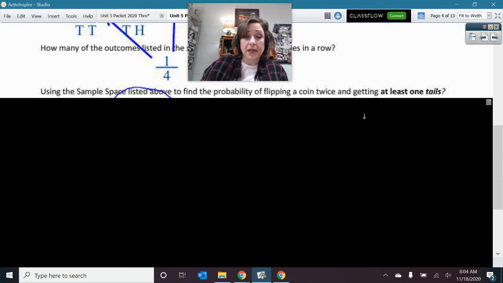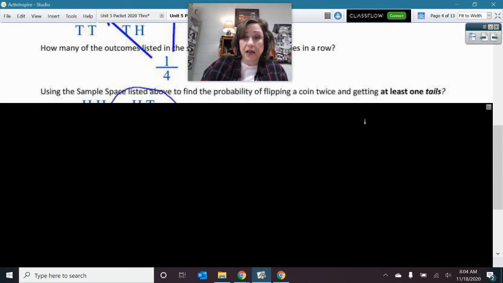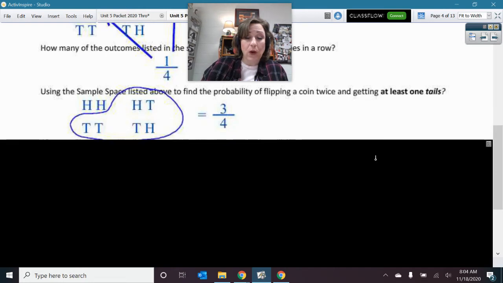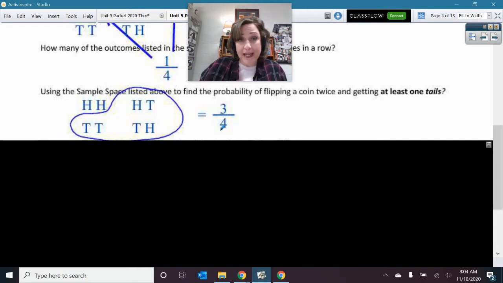So here we have the same sample space, and we want the probability of getting at least one tails. Okay, so here we go. At least one tails. So that means I can have two tails, or this one tail, or this one tail. And so that's 3/4. There are 3 out of 4 ways I can have at least one tails.